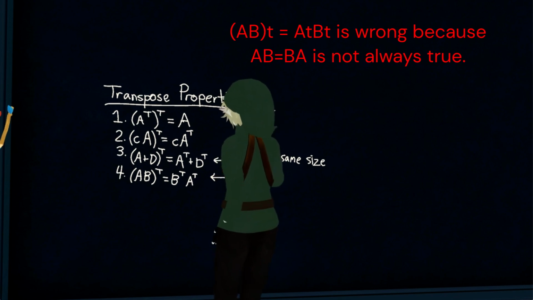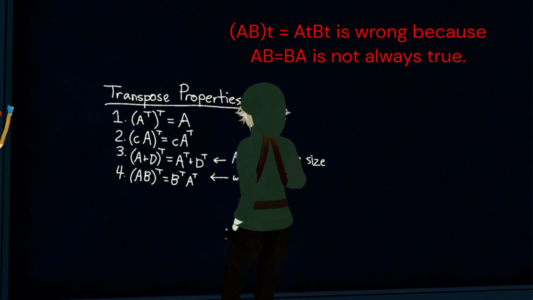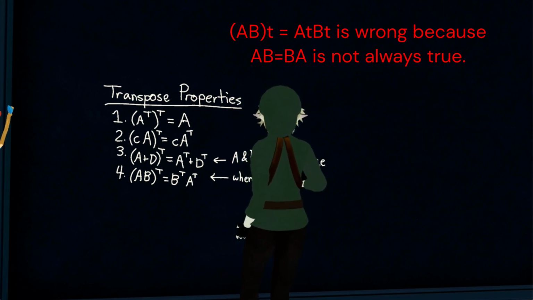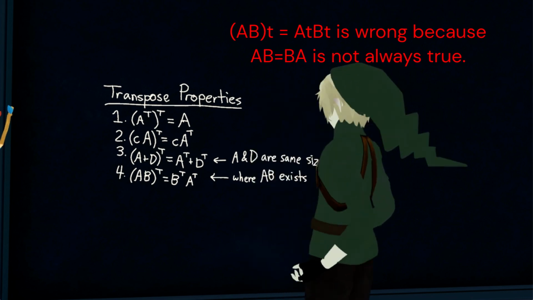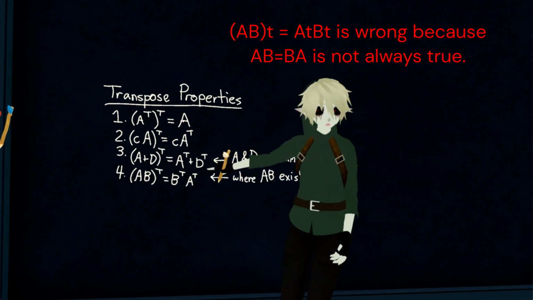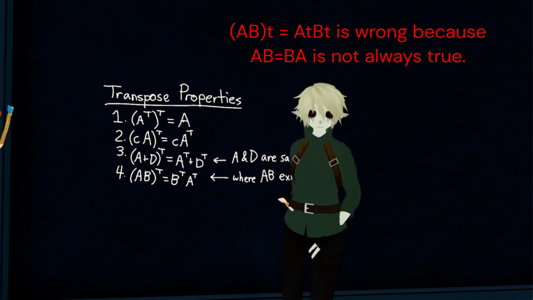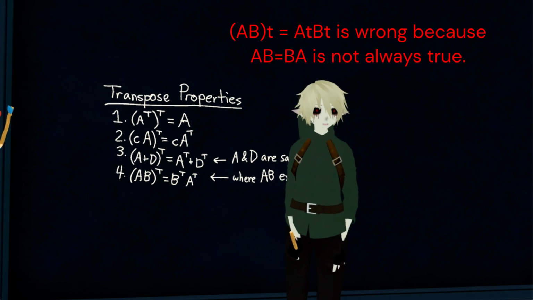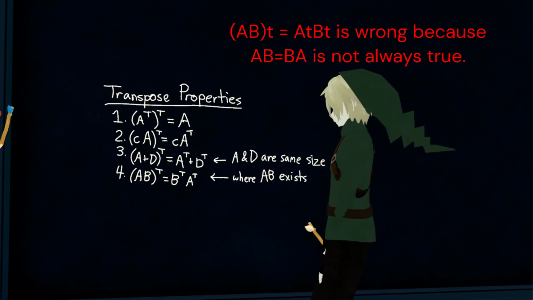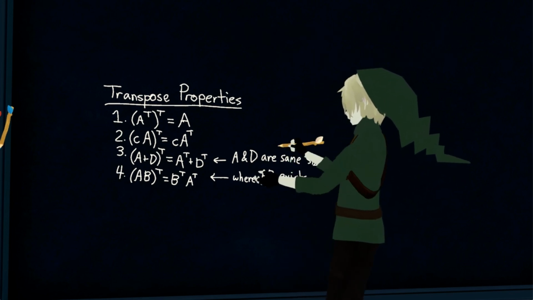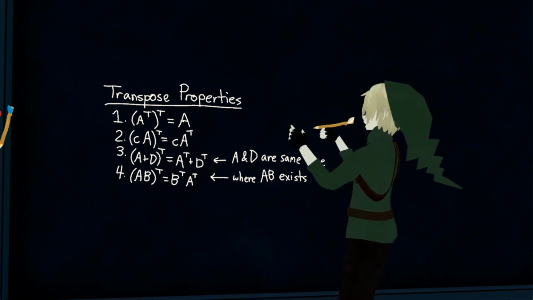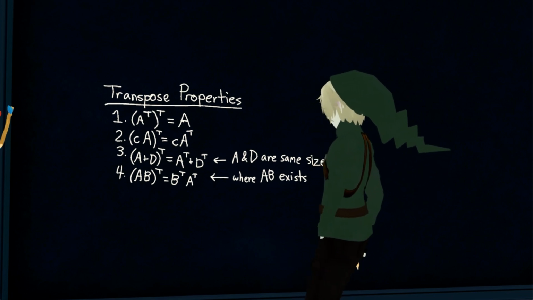Again, where AB exists or is defined, right? As long as you can multiply those two matrices, then that's what it would look like when you transpose a multiplied matrix. Okay, and that's it. Those are the 4 transpose properties.